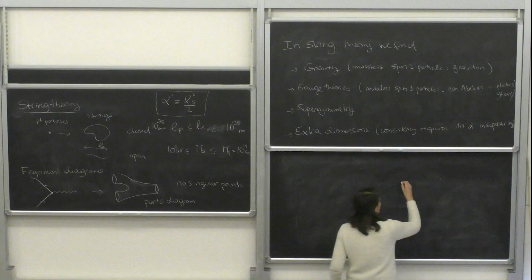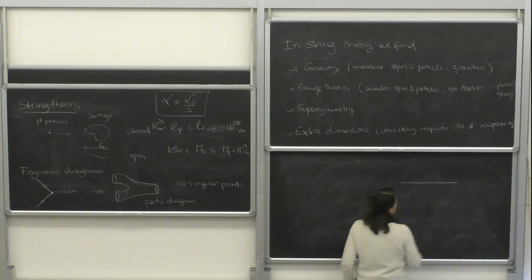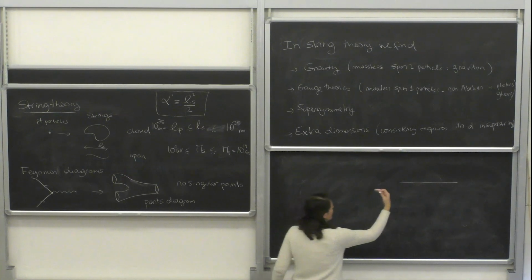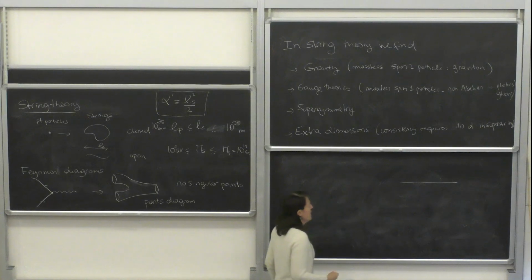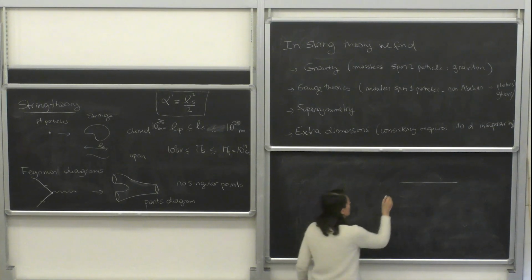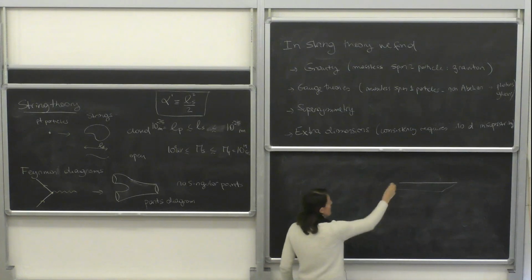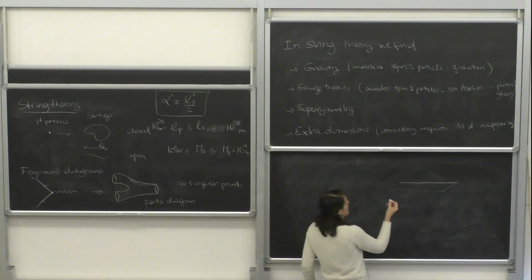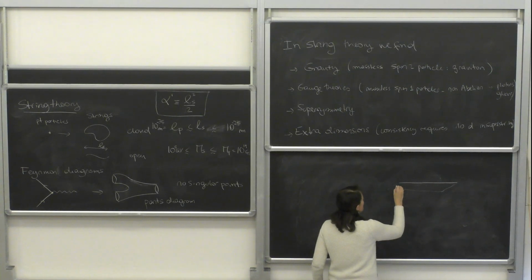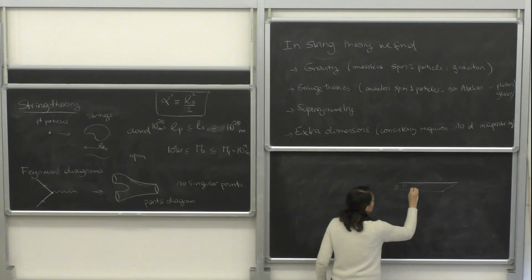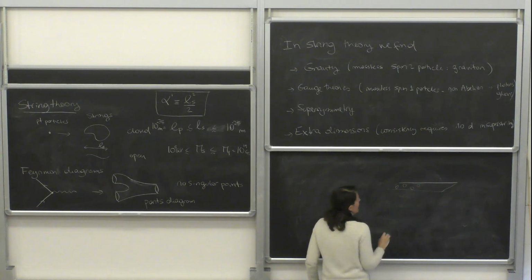And the idea is, for example, that if our universe is, if these are the 3 spatial dimensions of our universe, is that at every point there's an extra space of 6 dimensions, so let me do 1 extra dimension. So there's a little circle at every point.